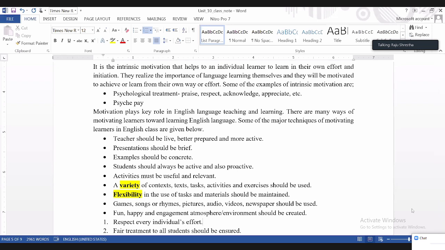Fun should be there. Engagement should be there. Fun, happy, and engaging atmosphere or environment should be created in English class.